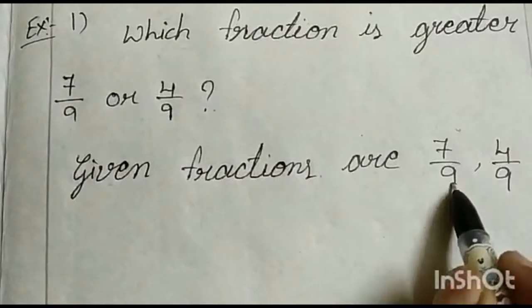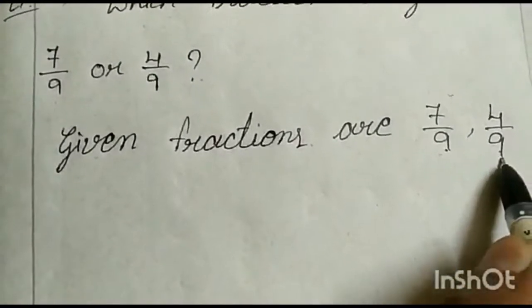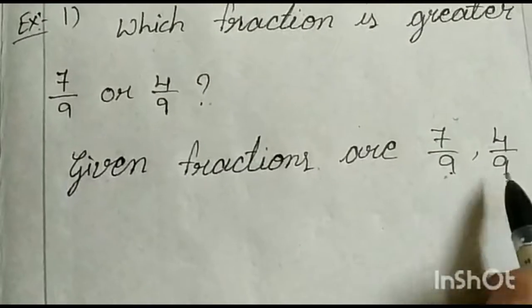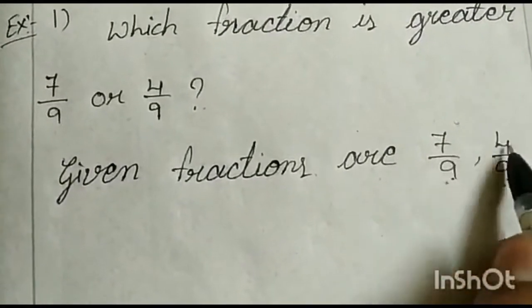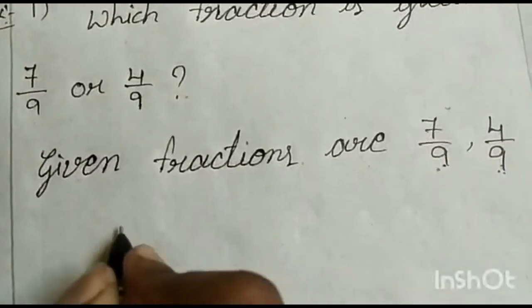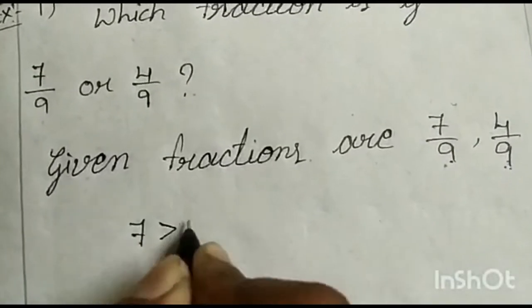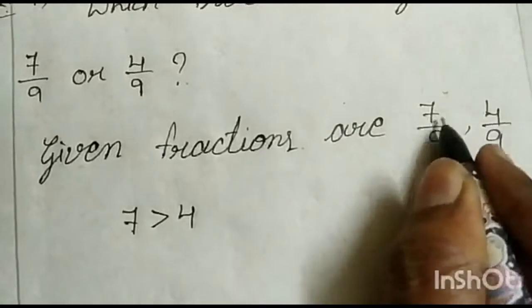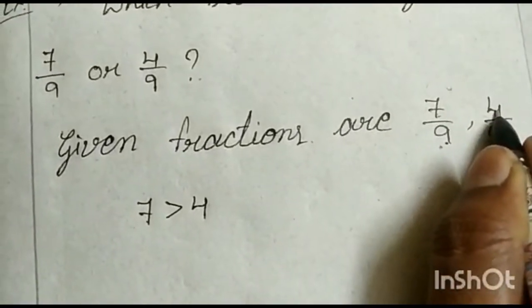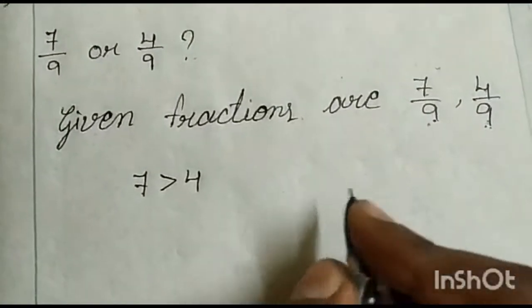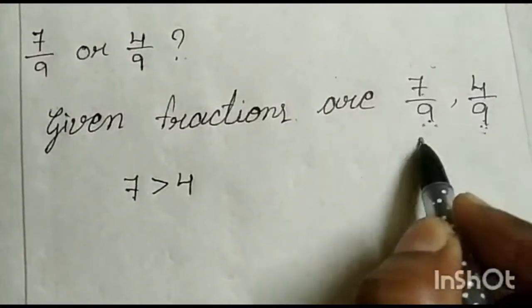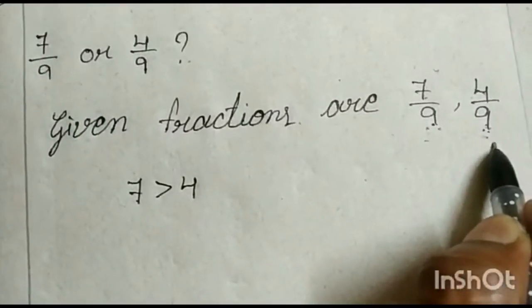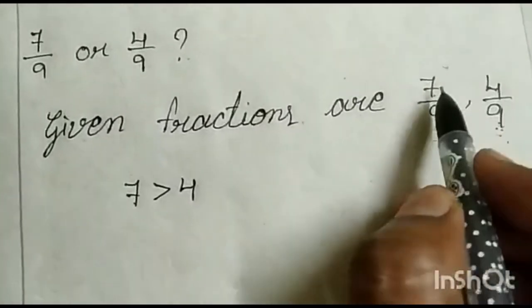If you observe here, the denominators are the same. What is the denominator? 9. Now let us compare the numerators. Here 7 is greater than 4. Already here we have one rule: when the denominators are the same, then the fraction with the greater numerator is the greater of the two.